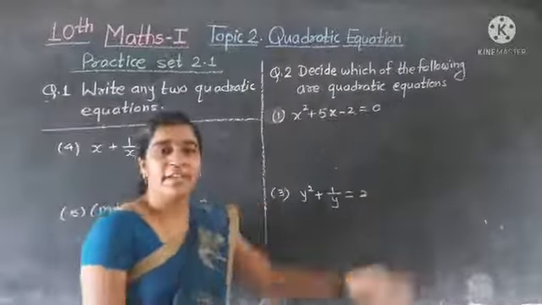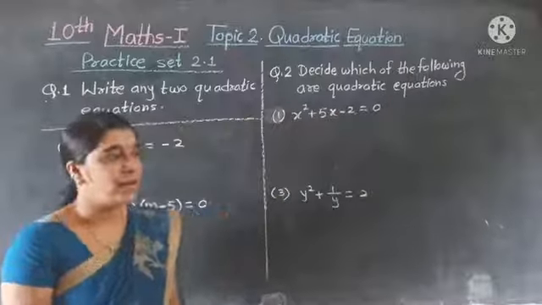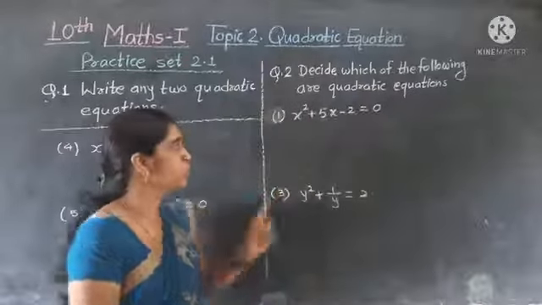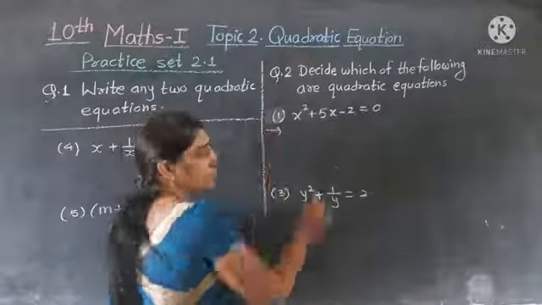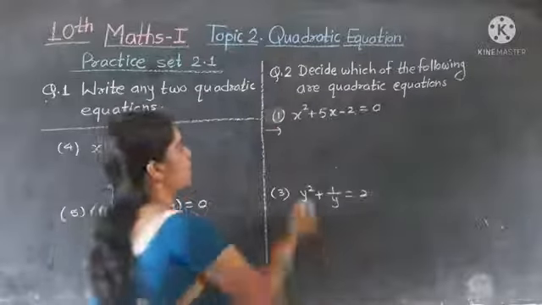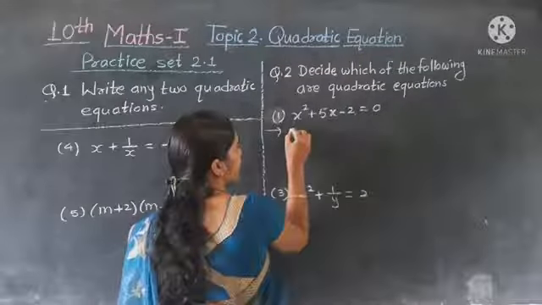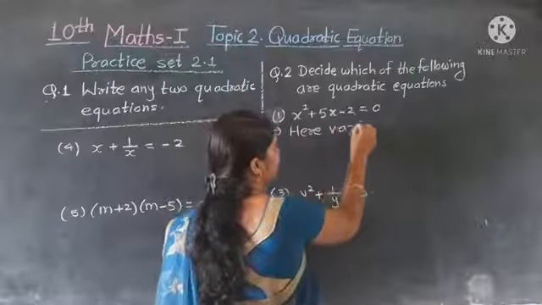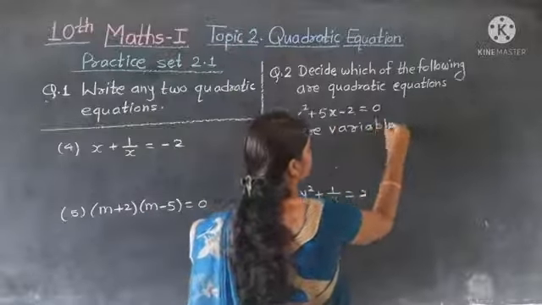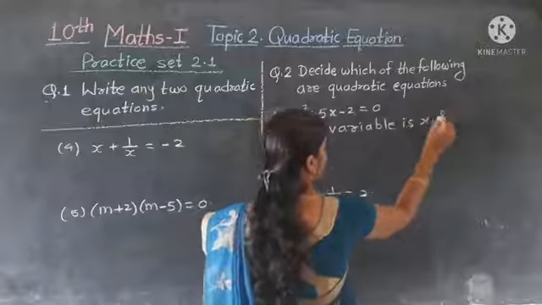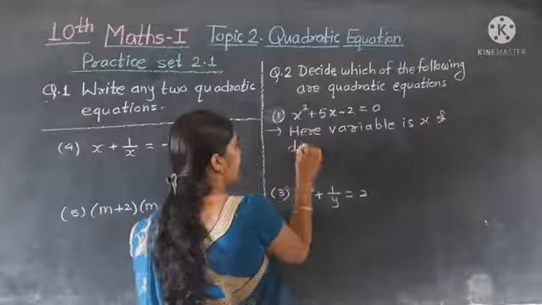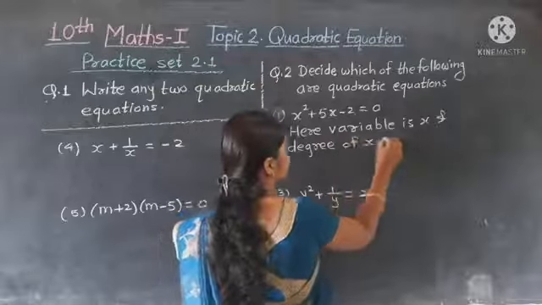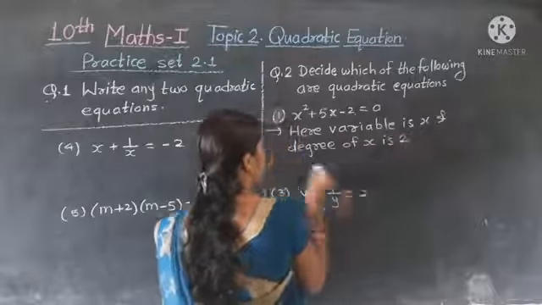For proving a quadratic equation, I had told you the variable present is only one and its degree is 2. So here, which one is the variable? There is variable x. Here the variable is x and the degree of x is 2.